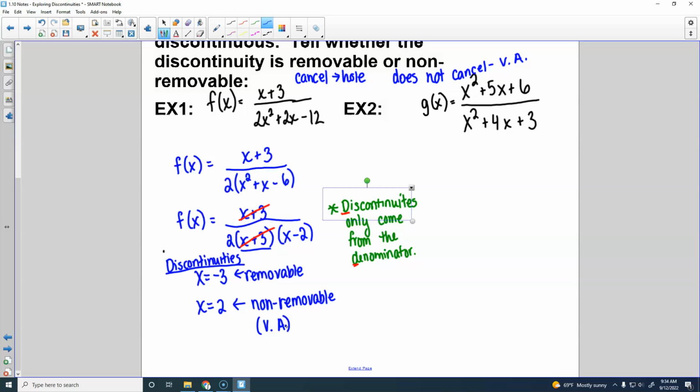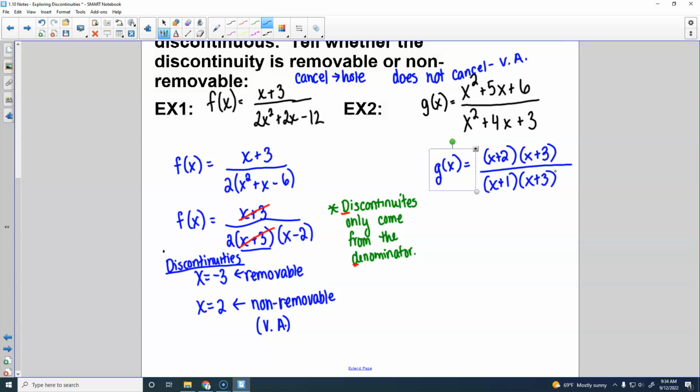Okay. All right, so if we factor the second one, we would have x plus 2, x plus 3 in the numerator. In the denominator, I would have x plus 1, x plus 3. I haven't noticed anybody that has trouble with factoring yet, but hopefully you are seeing how well you need to be able to factor here, because it shows back up a lot.